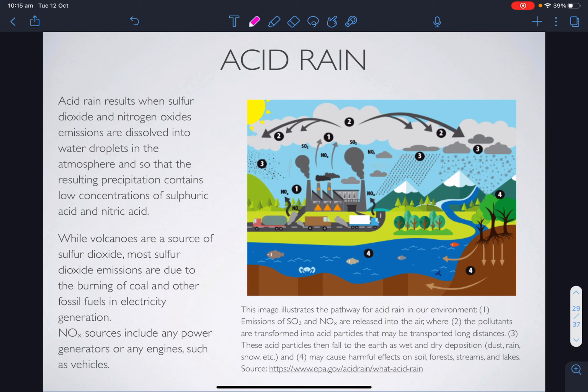So, sources for these. It's true that sulfur dioxide is given out by volcanoes, and there are a couple of little sources there for nitrogen oxides, tiny small amounts, but it's mainly humans.